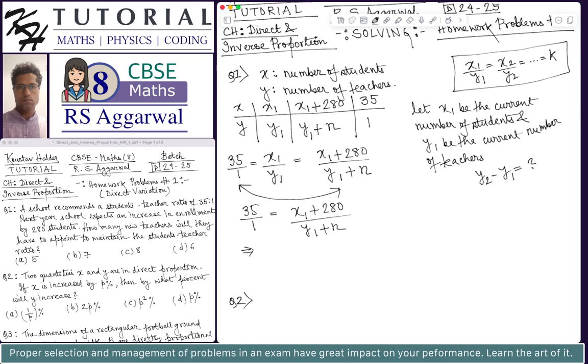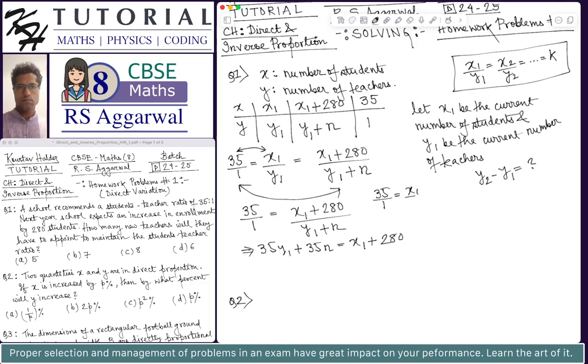So this implies, if I do cross multiplication, 35 y1 plus 35 n is equal to x1 plus 280. Now also, from 35 by 1 is equal to x1 by y1, using these two equalities, I get x1 is equal to 35 y1.